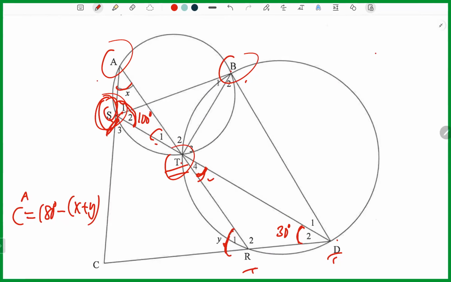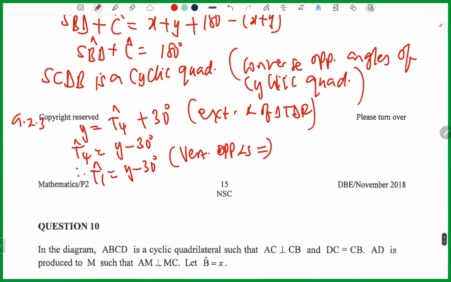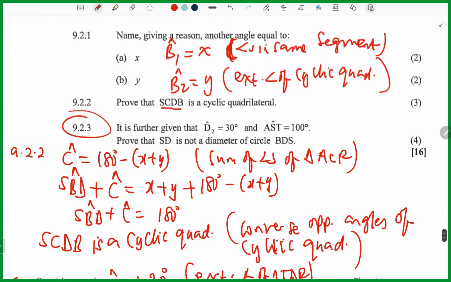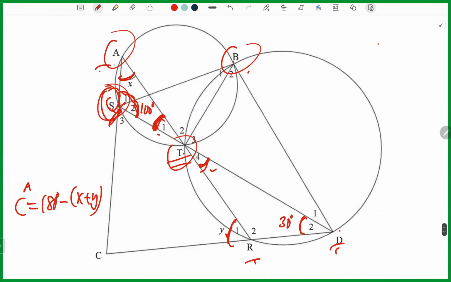That one is X. And then we can add this one, which is y minus 30, which is angle T1, plus the angle X, and then we add the 100 degrees in triangle AST.